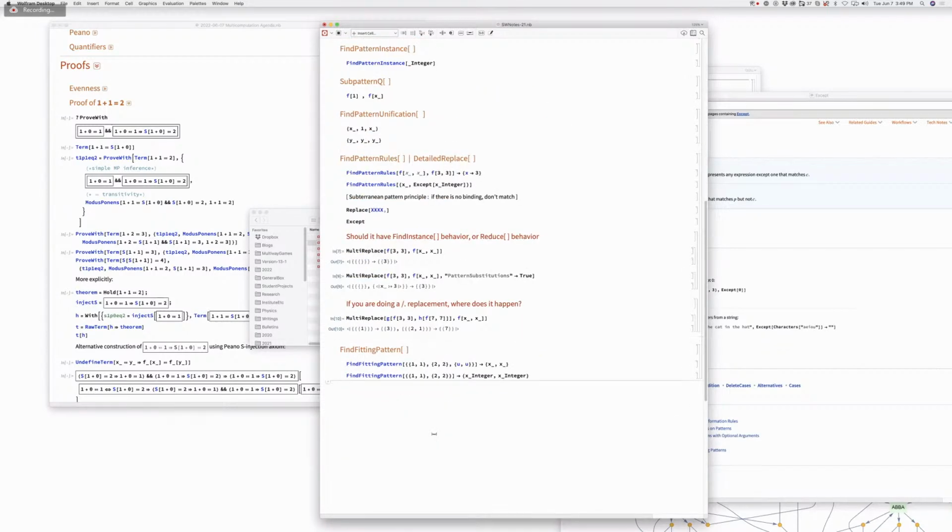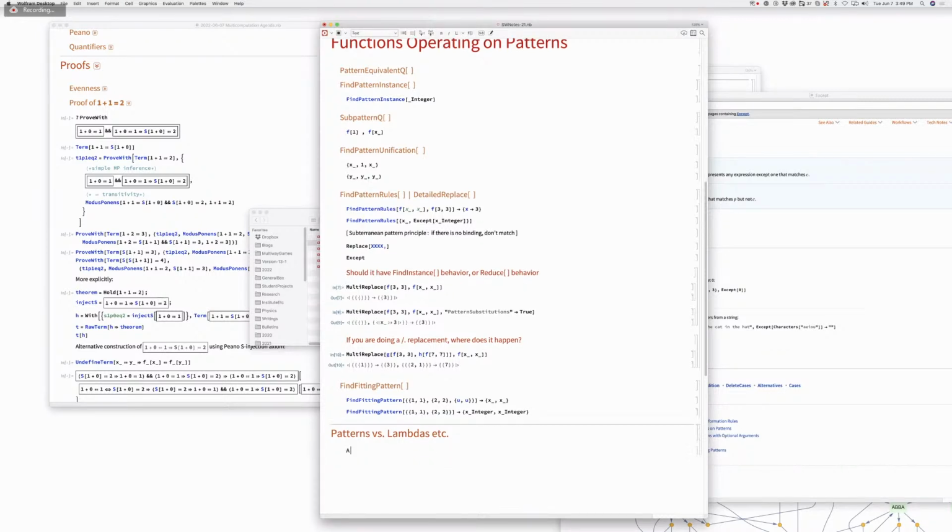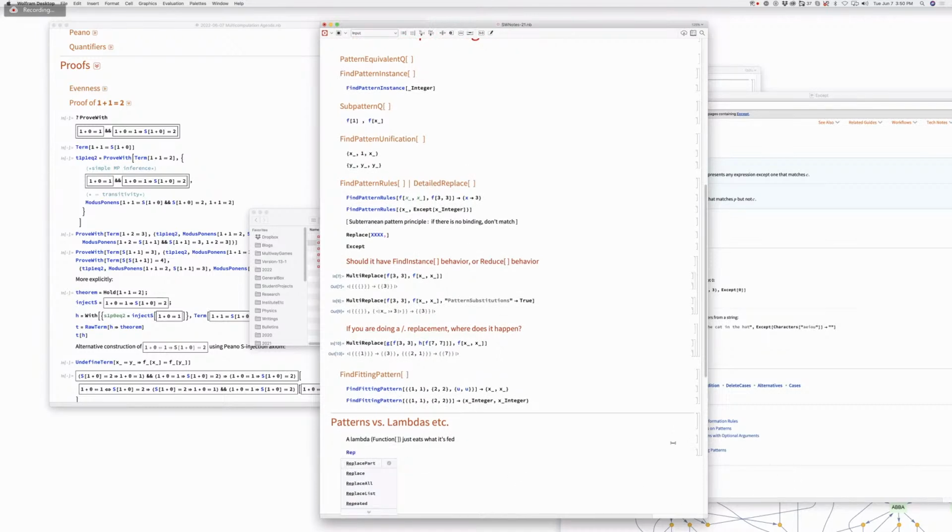Okay, so the issue here is patterns versus lambdas, etc. And the point is to say that a lambda, aka function, just eats what it's fed. But replace, not quite. In the vast majority, at least in better type theories, you specify the type. So if you give it the wrong type, it will not eat it.